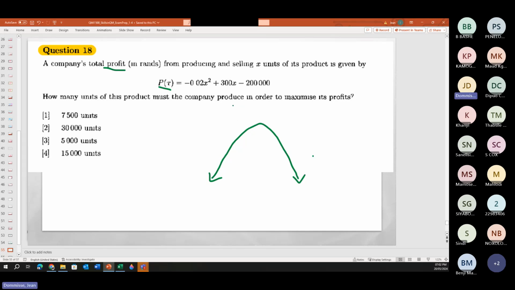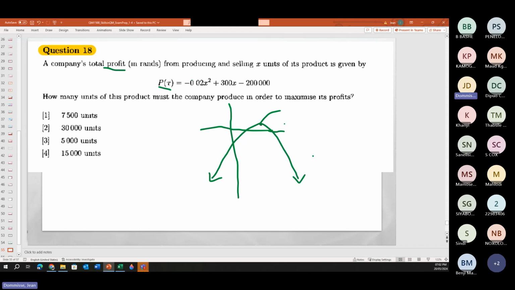So probably something like that. That might even be cutting down somewhere here as well. And you need to work out that turning point. Okay, so you can work out that turning point.